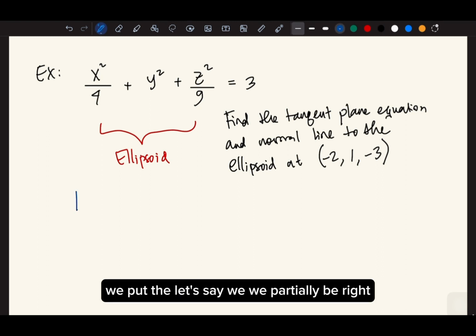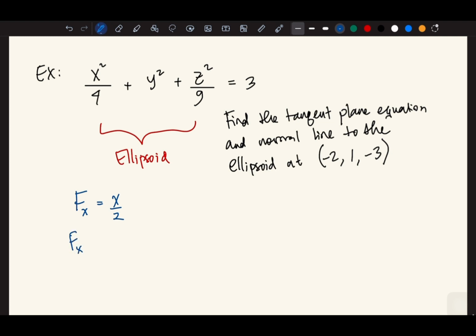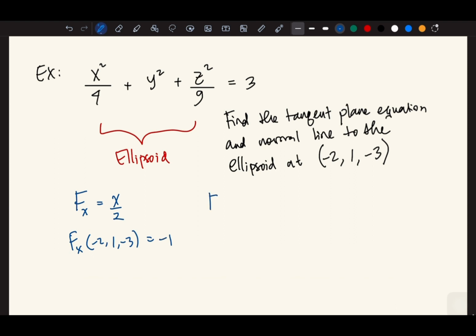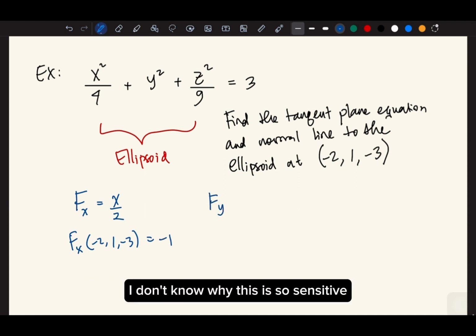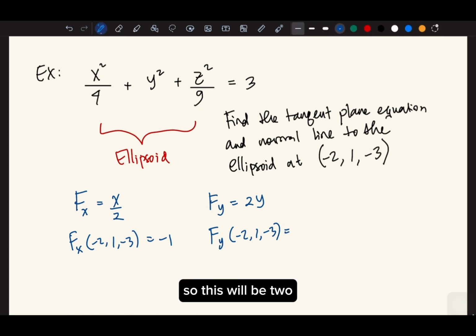Okay. So we partially derive, but since each of x, y, z is separate, it's quite easy, right? So we only need x, so -2, so this is -1. This will be 2. Fz will be 2/9 z.